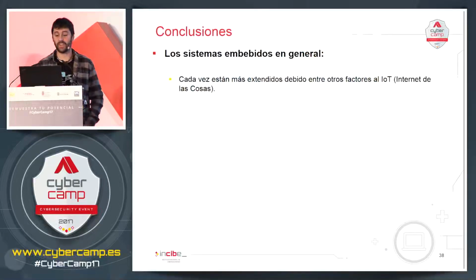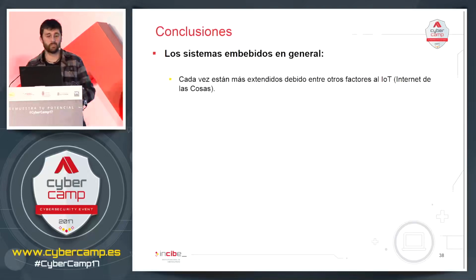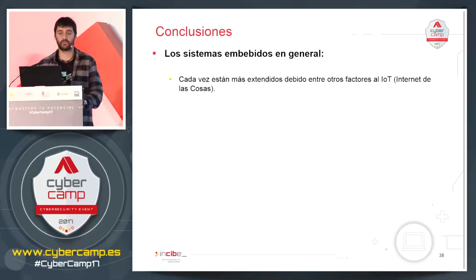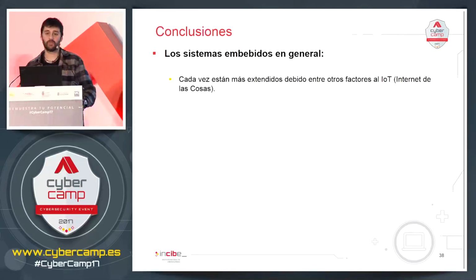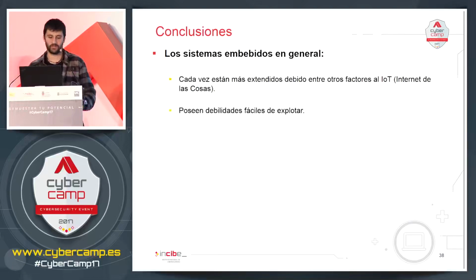Okay, what are the conclusions? Well, the Internet of Things is more and more widely spread. There are smart toasters, smart robot dogs. Everything's smart now, and that is dangerous. If my fridge won't open and if I cannot have lunch, well, I'm going to be quite annoyed. I don't know about you.